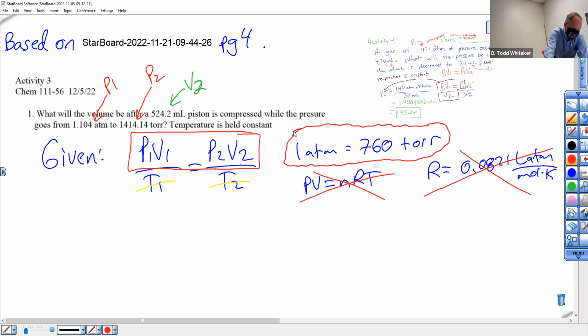Okay. So I want what by itself? What will the volume be? That's V1. Wait. Yeah. After, wait. What will the volume be after? Is this the final volume? We want final volume.